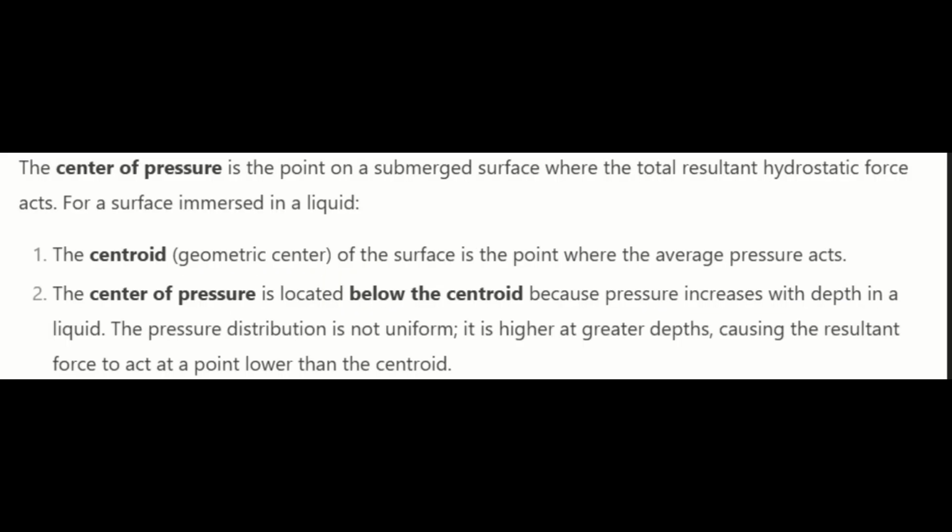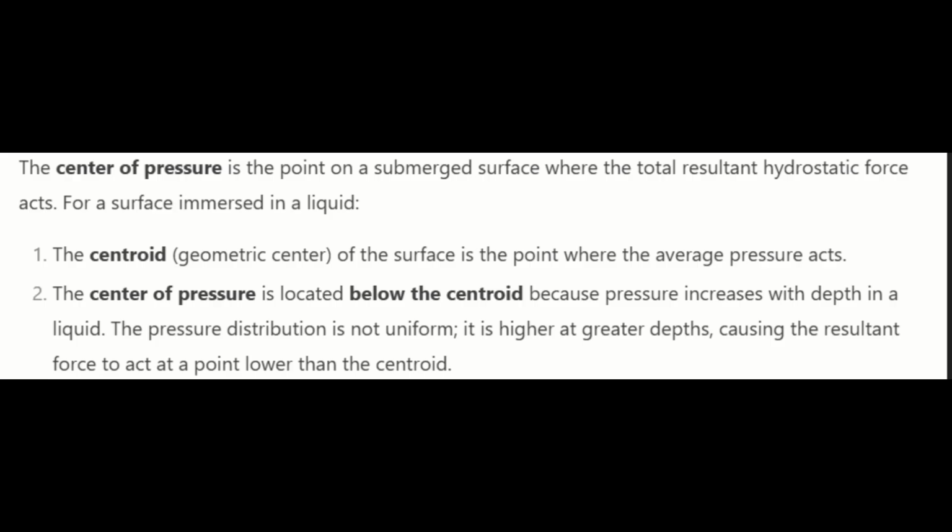So the center of pressure is the point on a submerged or immersed surface where the total resultant hydrostatic force acts. Center of pressure means the total hydrostatic force acting on that body is concentrated at that particular point. And what is the centroid? Centroid means a geometric center.